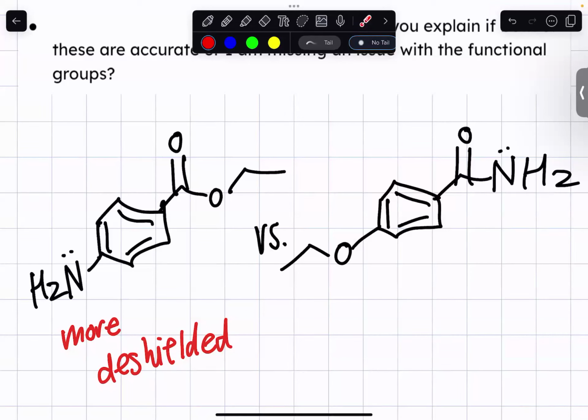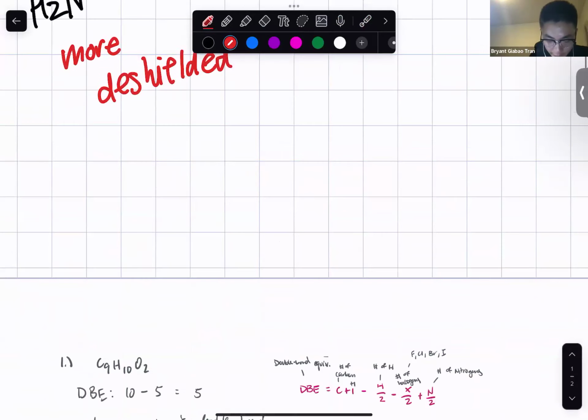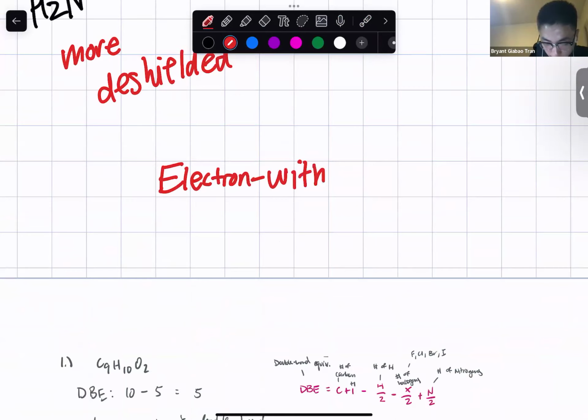Like an sp3 is going to be more shielded than alkenes, oxygens, and electronegative stuff, which is going to be more deshielded. Yeah, that's right. Electronegative stuff is more deshielded, but the better way to think about it is electron withdrawing. The more electron withdrawing group the hydrogen is near, the more deshielded it's going to be.